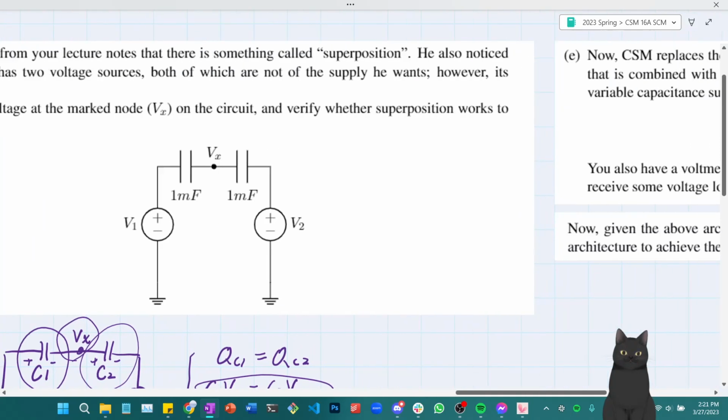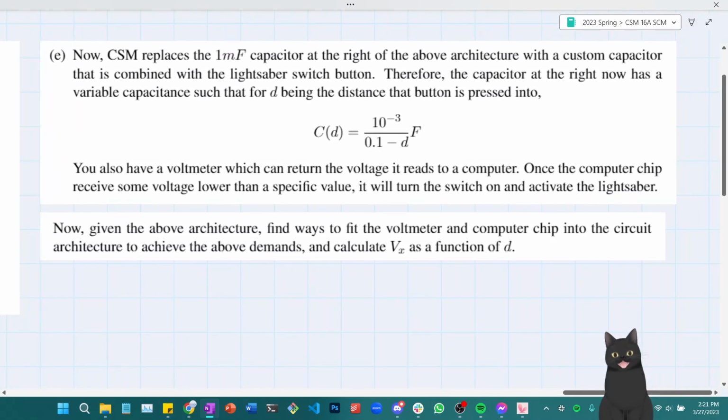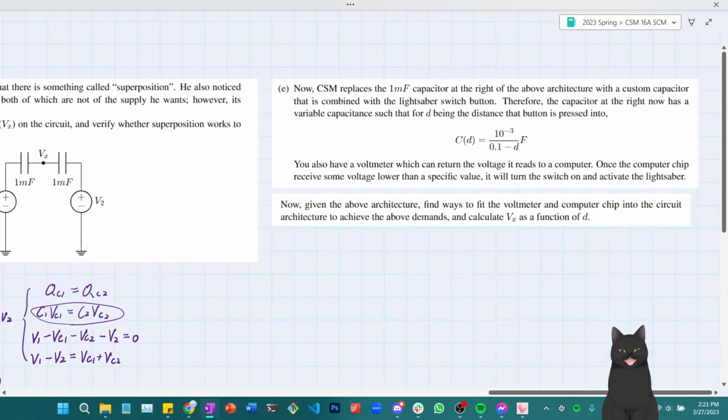So now that we have solved part D, let's move on to the last part of the question, part E. Now, CSM replaces the 1 mF capacitor at the right of the above architecture with another custom capacitor that has a variable capacitance, where D is the distance that a button is pressed into a switch.